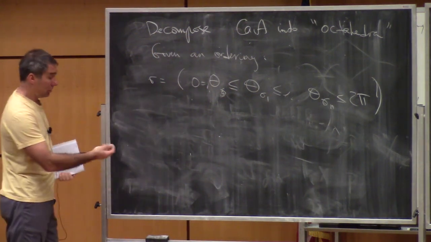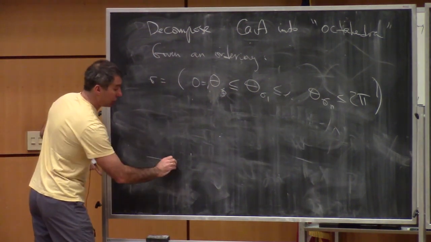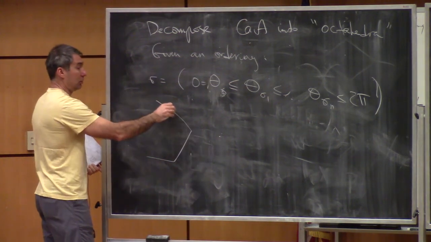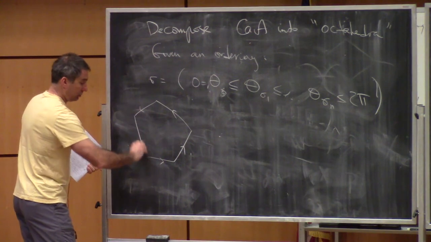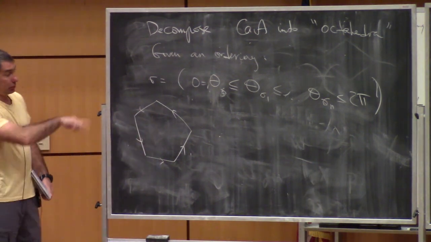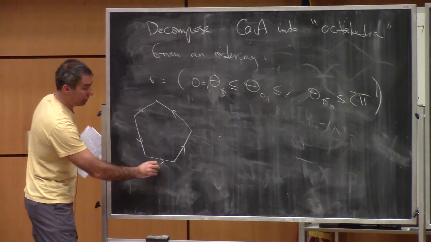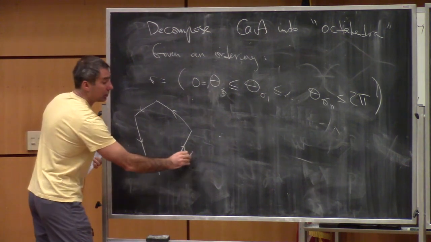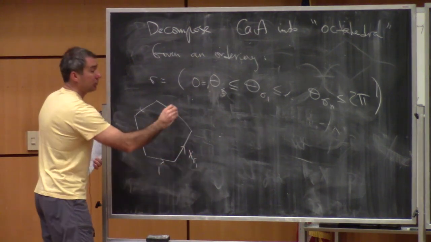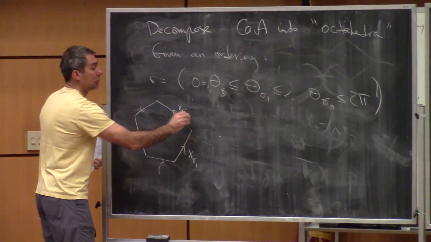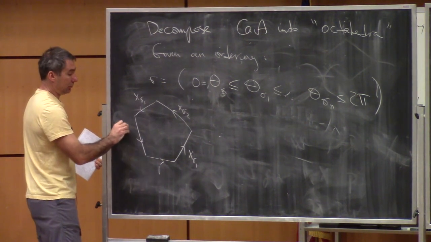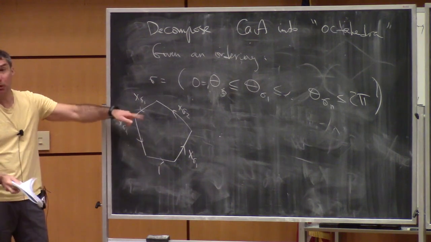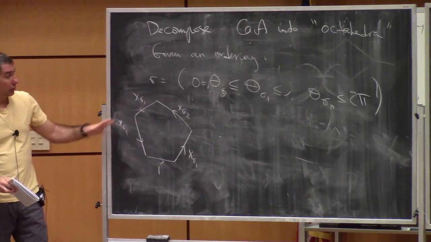So what does it mean? It means that if I draw all this in the clockwise or counterclockwise direction, this is my 1 vector, this is my x sigma 1, this is x sigma 2, this is x sigma 3, x sigma 4. They form a convex polygon, and that's what I'm going to fix.